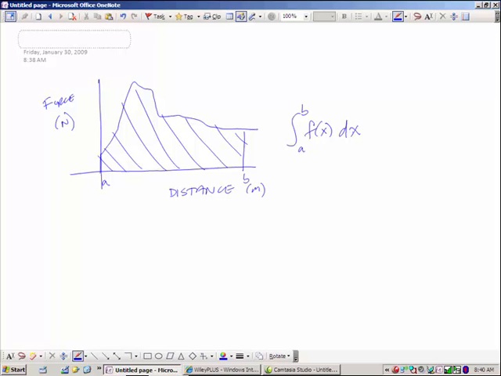In this case, what are the units for the definite integral? No per, because it's Newton meters, or meters, newtons.